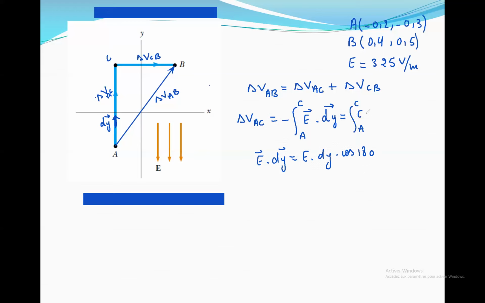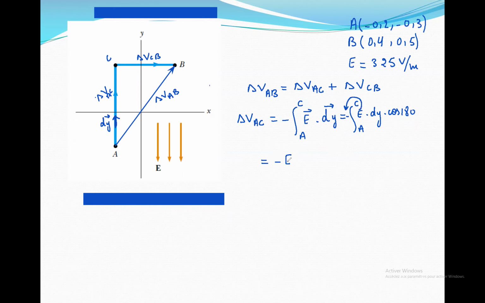So we can write the integral from A to C of E dy times cosine 180. Cosine 180 equals minus 1, so we have a minus here. E is constant at any point here in the space, so we can take E out of the integral.